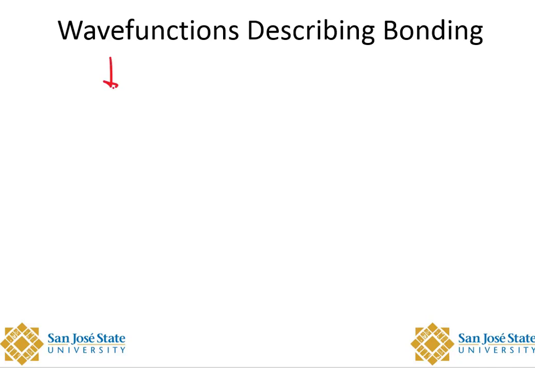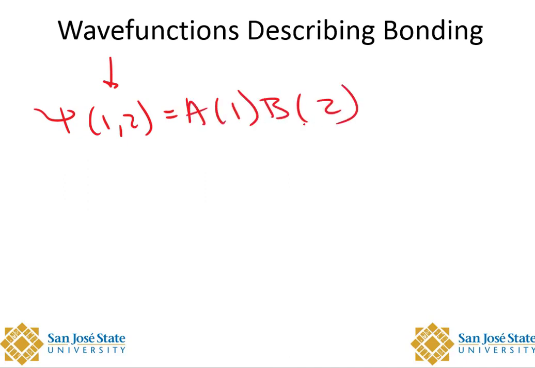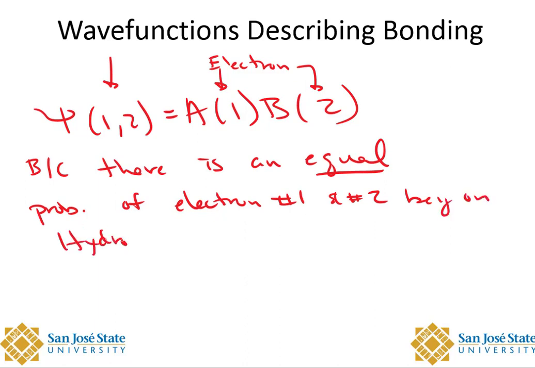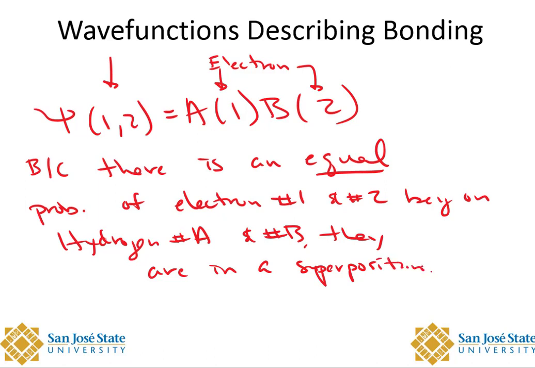Now the equation that we just saw can also be written as psi12 equals A1 B2 for our hydrogen and electrons respectively, electron number 1, electron number 2, and hydrogen A and hydrogen B. Because, and this is an important concept, there is an equal probability of electron number 1 and number 2 being on hydrogen A and B. They are in a superposition, and the ability to discern whether or not they are on a particular hydrogen is not particularly possible.